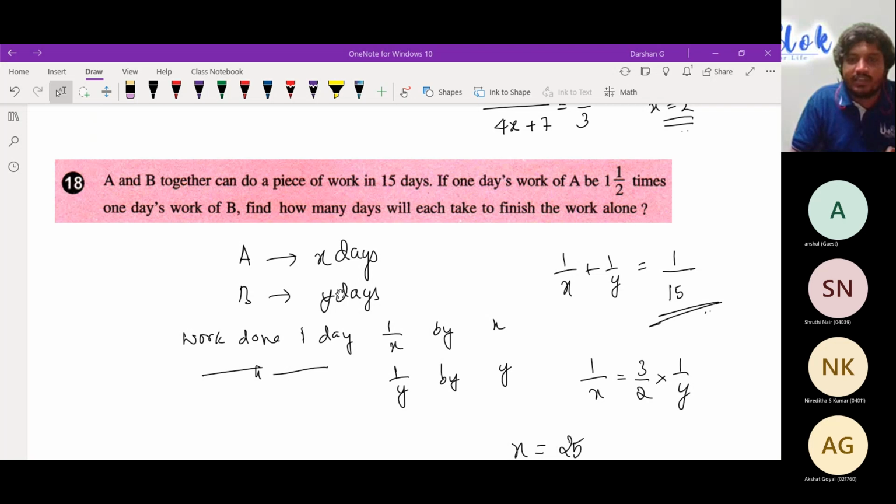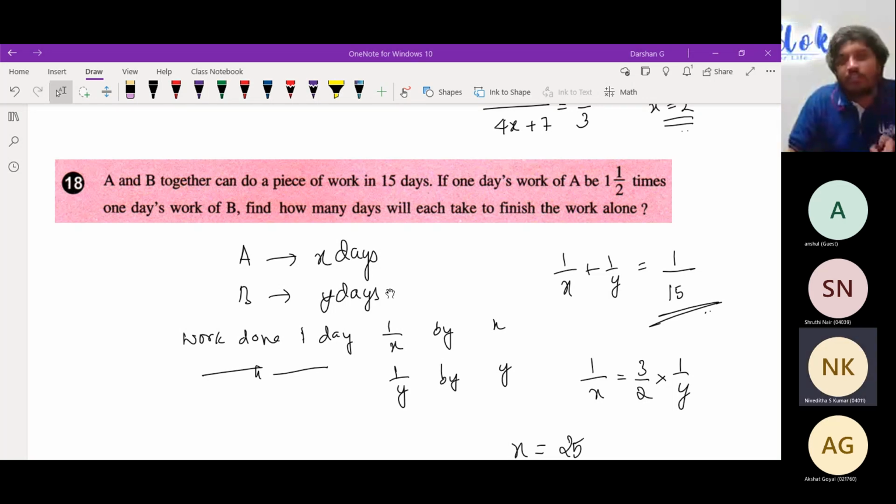Obviously. When they tell the second equation, that A's work is 1.5 times faster than B, it only tells that A is faster. Imagine there is a project work and you and one more person are doing it. Both will do it in 15 days. You are faster than the other guy, 1.5 times, so obviously you will finish it fast.